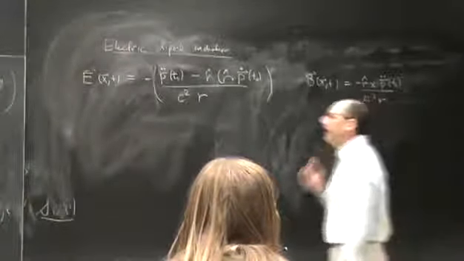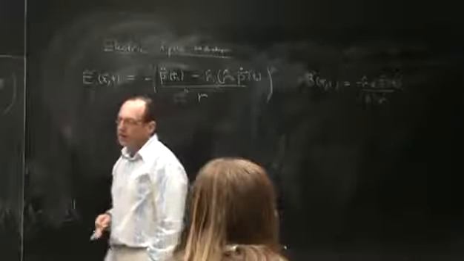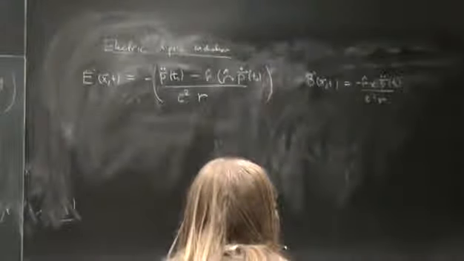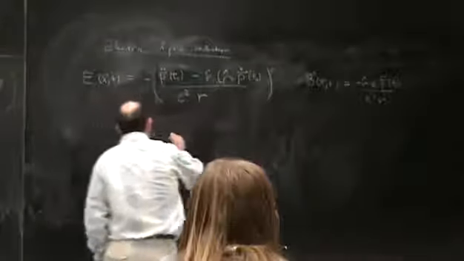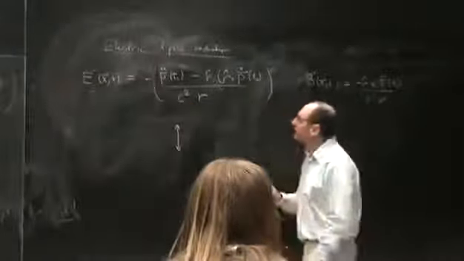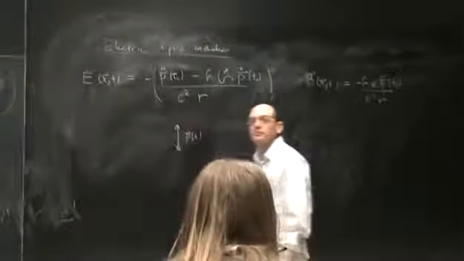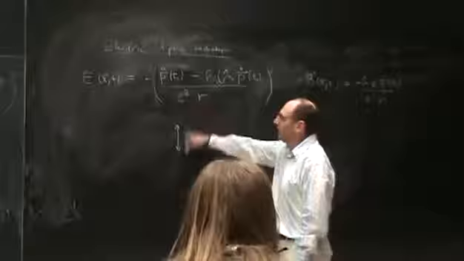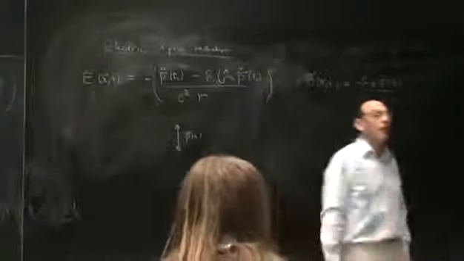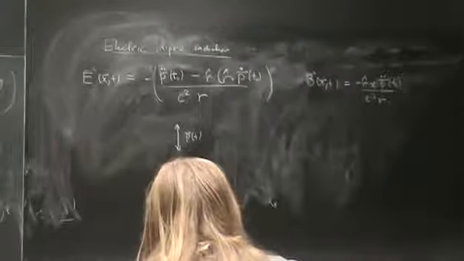Let's consider the case where we have a dipole which is moving linearly in some direction. So this is P as a function of t. It has some charges moving along a line, which gives us some electric dipole like that.